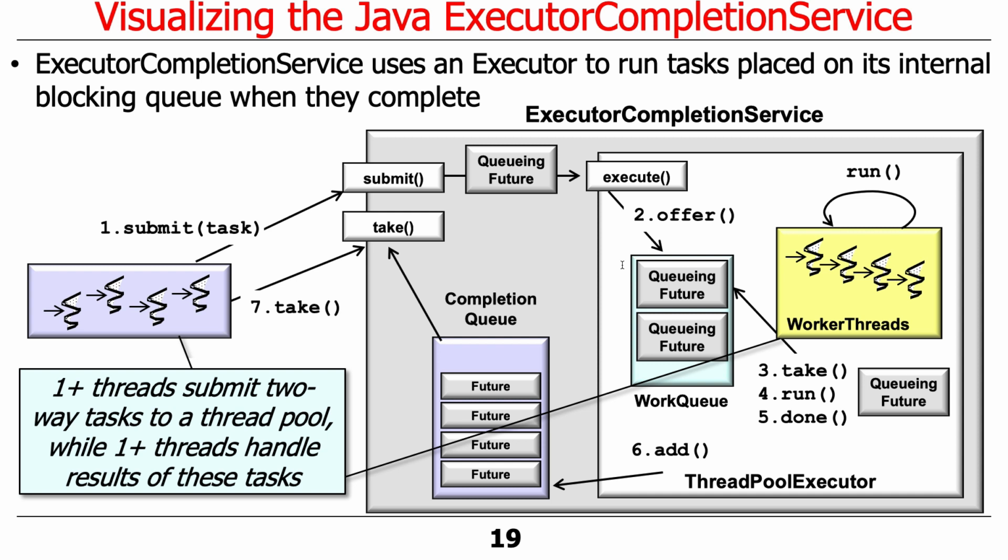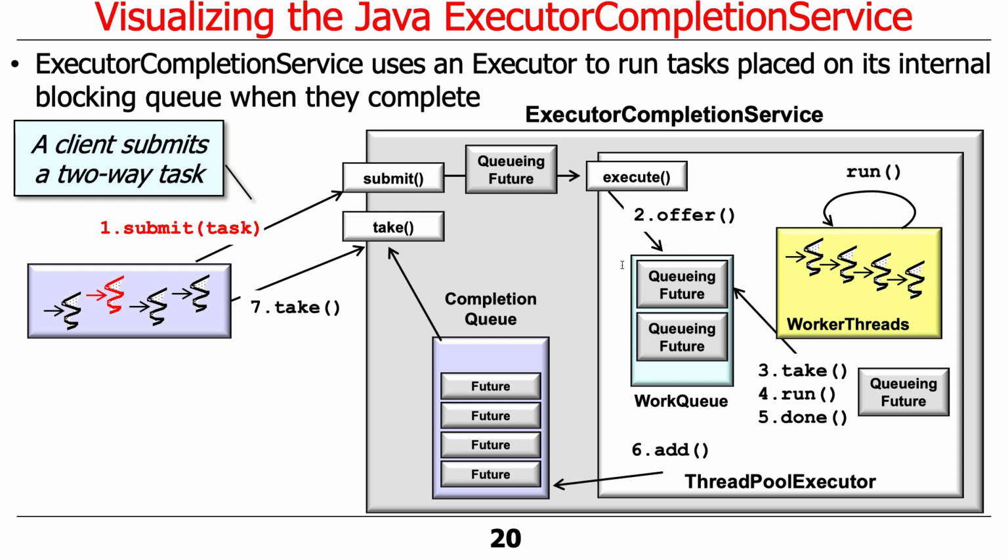So you might have a pool of threads submitting work and getting results back and doing stuff with the results. And that would be separate from the pool of threads that's doing the computations inside the executor completion service as part of the executor service. So you could have a pool of threads, you could have one thread, you could have n threads. It kind of depends on how you want to write your client code.